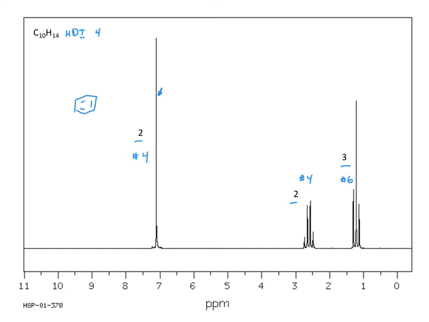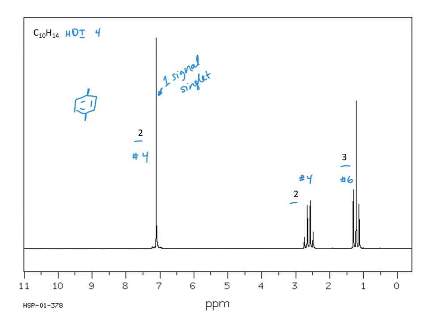So we know that in our aromatic ring, we want to have a substitution pattern that leaves us with one signal that's a singlet. So we need to have symmetry here, which means that our groups are going to be opposite each other, since we know that we have two groups. And what is the identity of these groups?